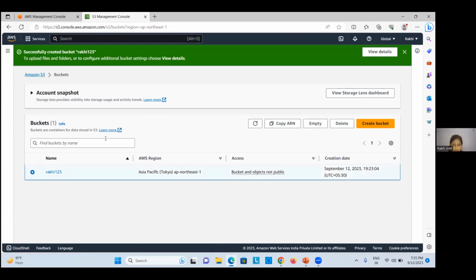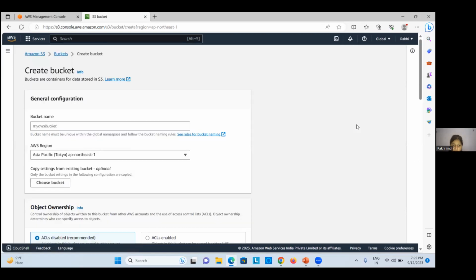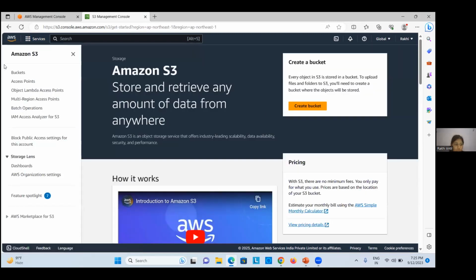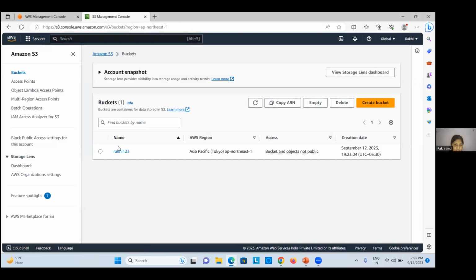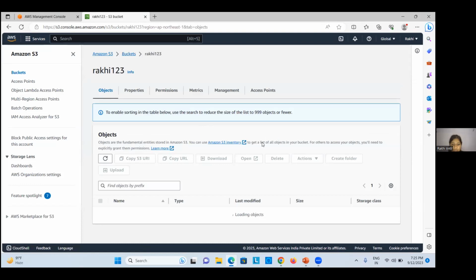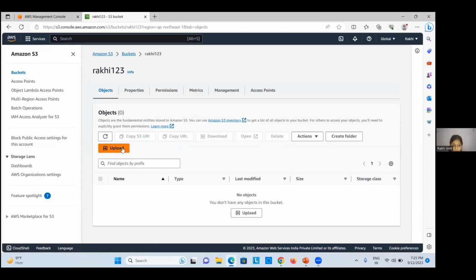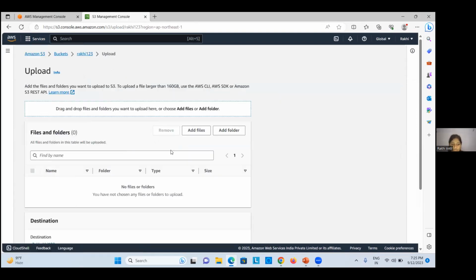Then select the bucket. Then click on the bucket. Then upload. Then add files.